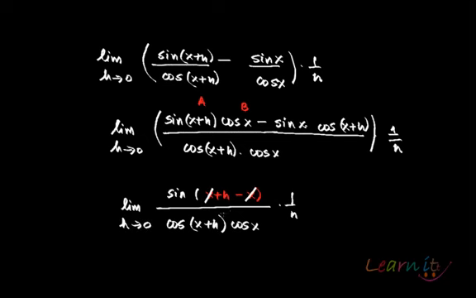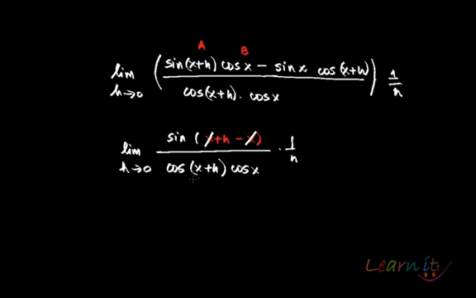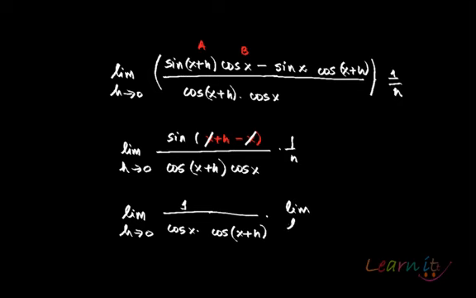Here x and x will get cancelled out, and what you will have eventually is the limit of h tends to 0, 1 upon cos x into cos of (x plus h), into the limit of h tends to 0, sine of h by h. So this limit of h tends to 0 of sine h by h is just 1, and wherever h is, you'll put it equal to 0.